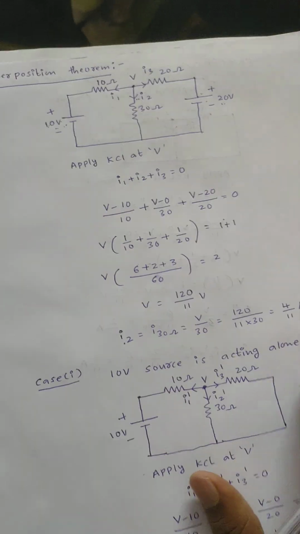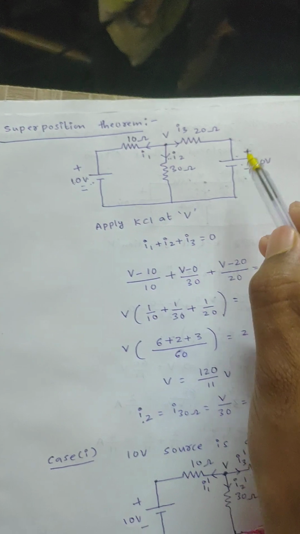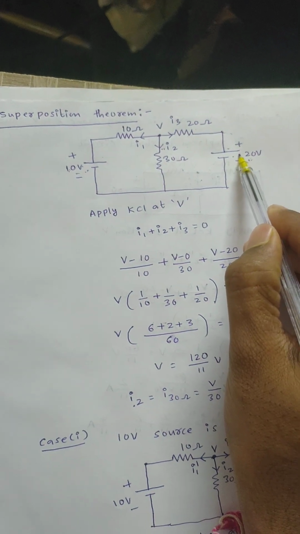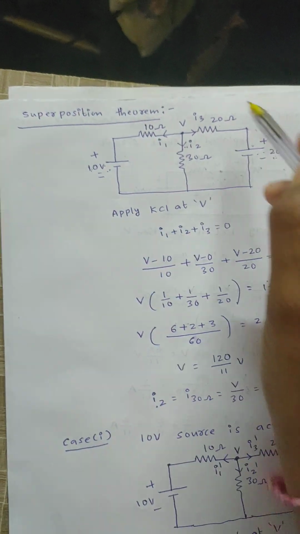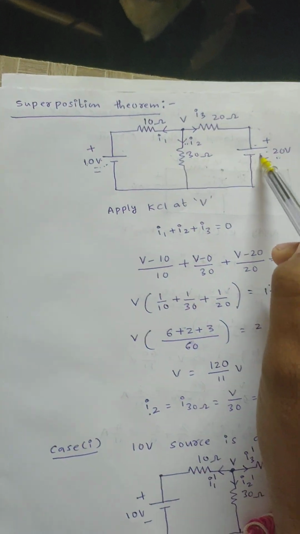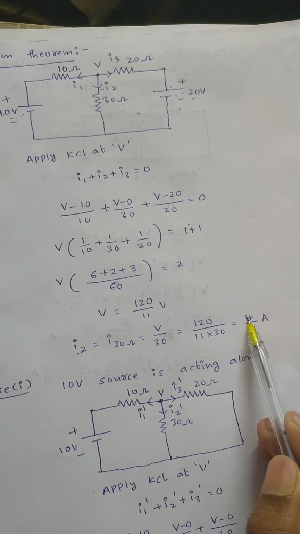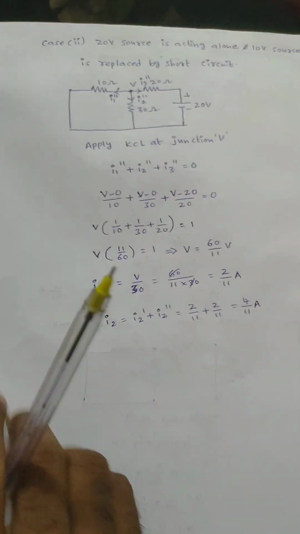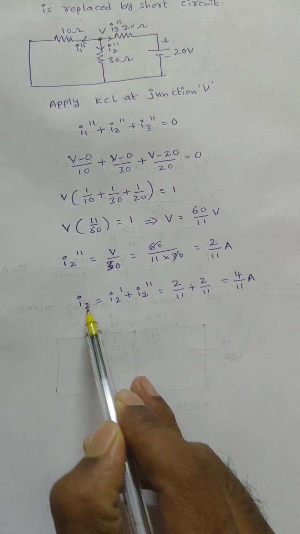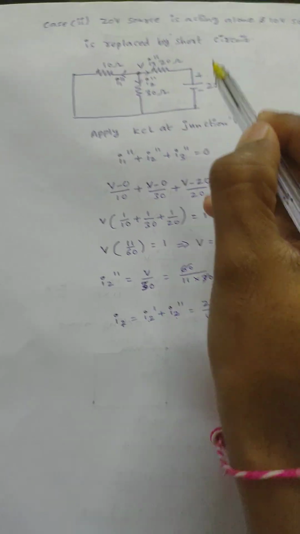That is I2 is equals to I2 dash plus I2 double dash value, both are equal, right? That means now you can observe here, in any linear bilateral network consisting of two or more sources, the current flowing through any branch is equals to the algebraic sum of all currents when we consider each source separately, right?